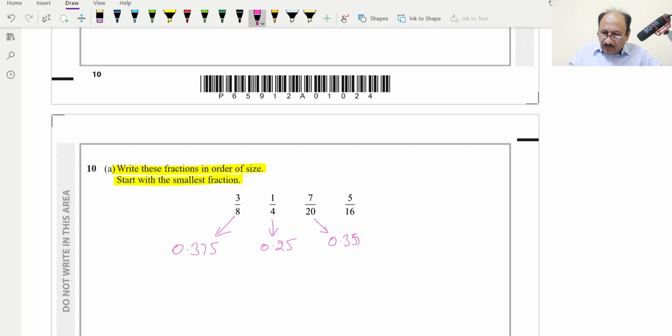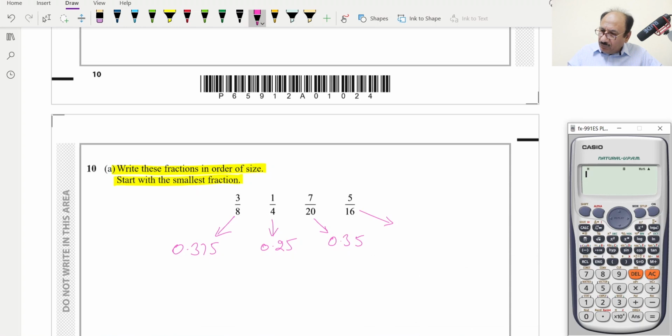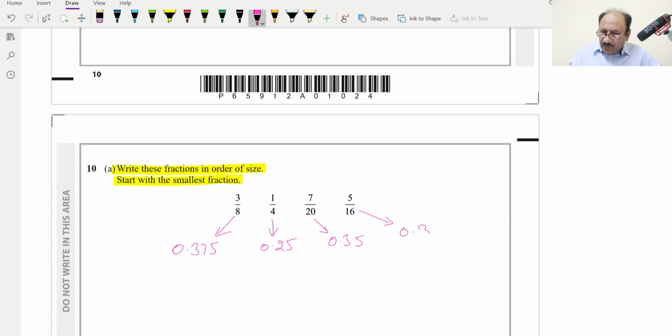And the last one is 5 over 16, so 5 over 16 will be in decimal form 0.3125. Now we can check for the smallest one.